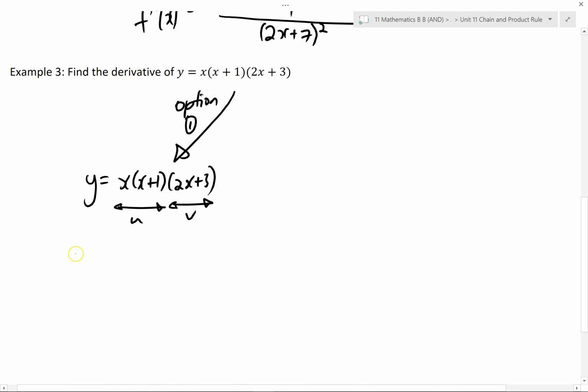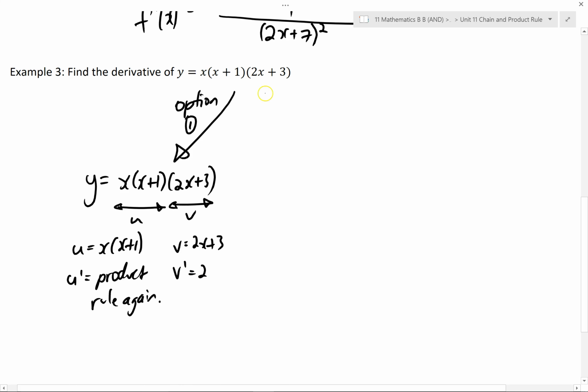So u is x times (x plus 1), and then when you're finding u dash, it'll be product rule again. That's one option. I don't particularly like that option, just because there's an easier way.